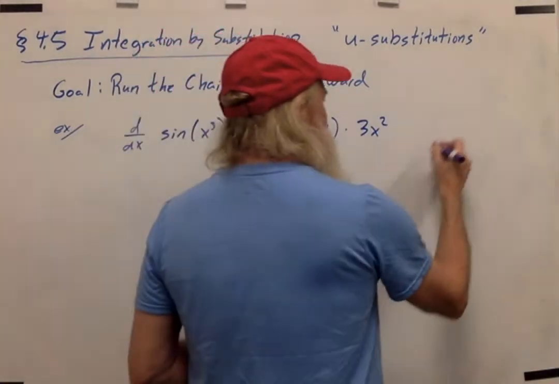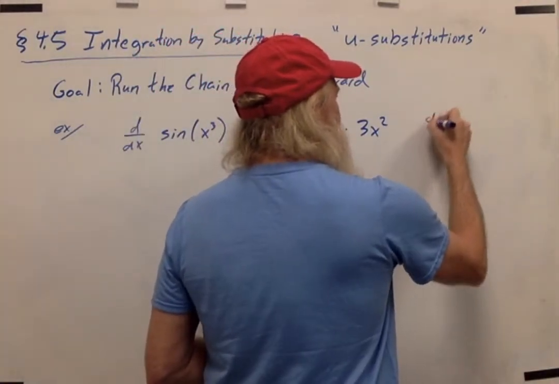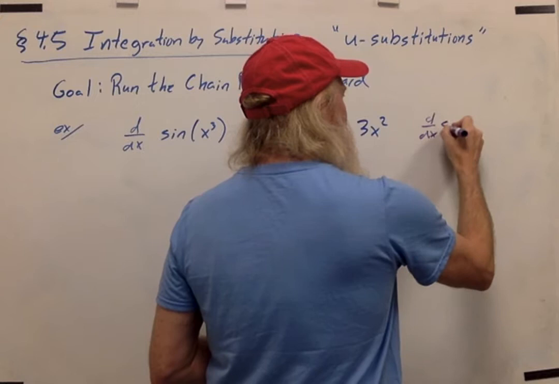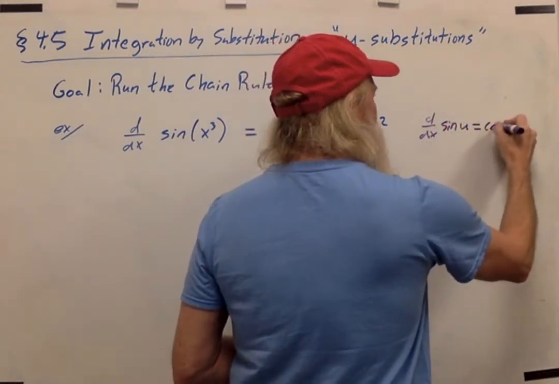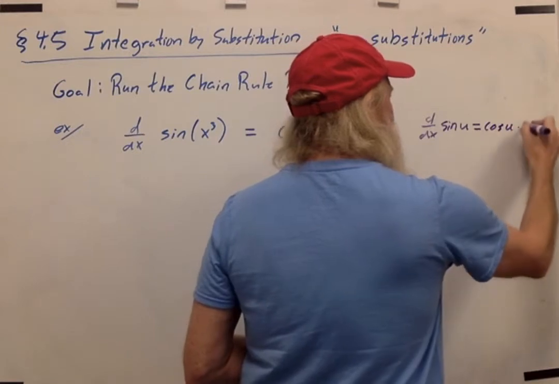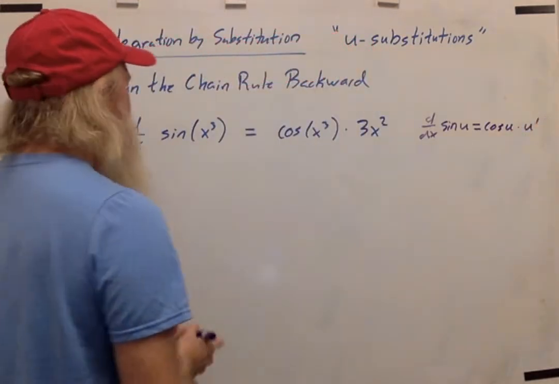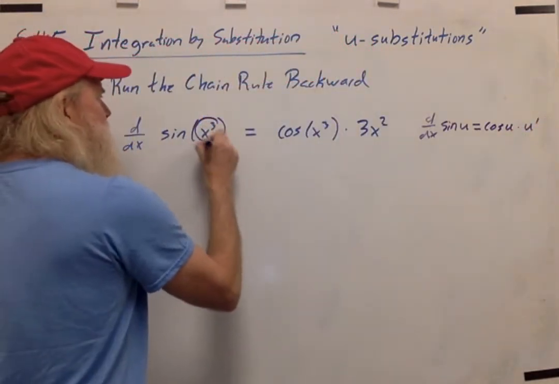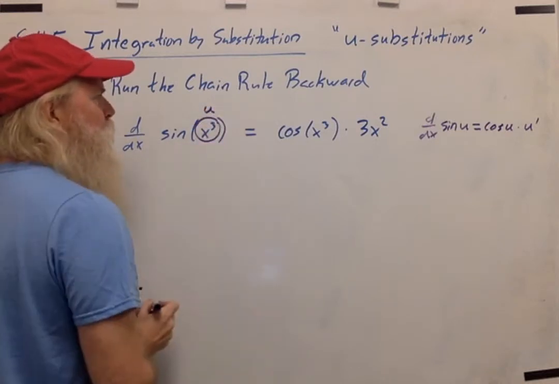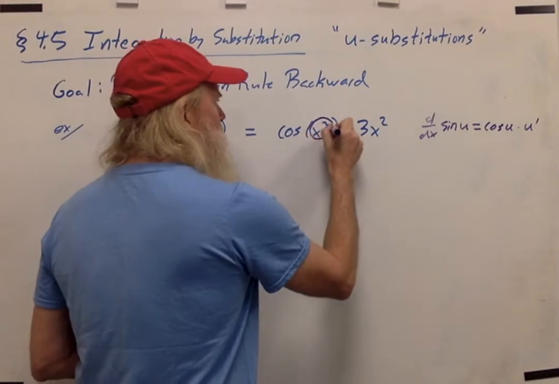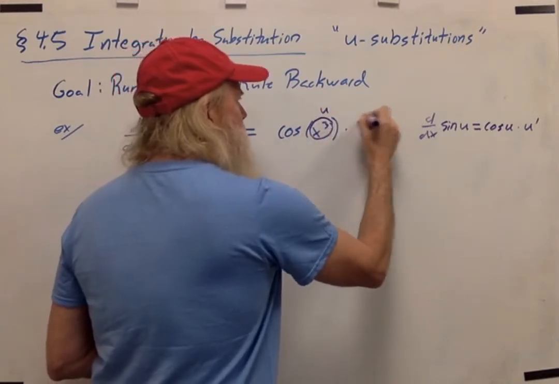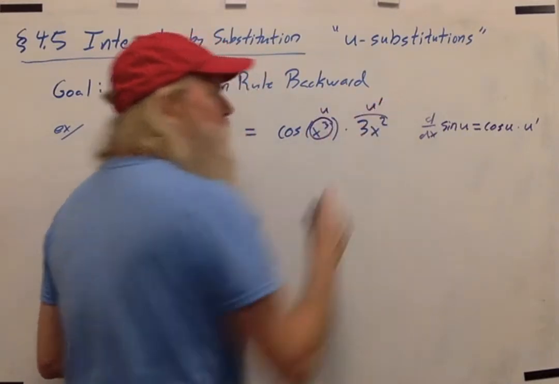The rule that we're using here is that the derivative with respect to x of sine u is equal to cosine of u times u prime. So in this case, u is x cubed, so the derivative of sine of u is cosine of u times u prime.